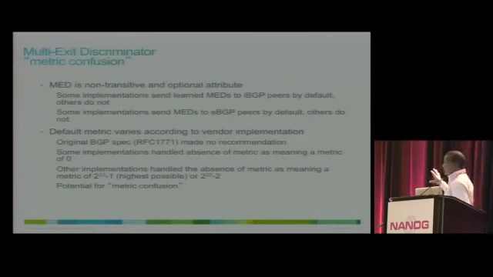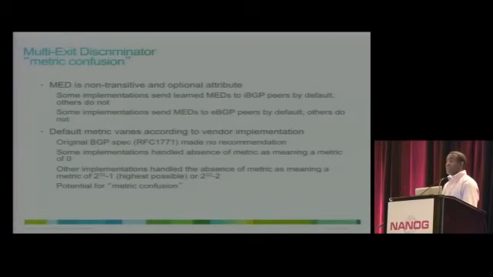Again, there is some confusion here. The standard wasn't clear on the default value for metric, whether we should always advertise a MED value or not. Because of that, different vendors implemented it differently. Some vendors may decide to send a MED value by default, and the default may be 0 or a higher value.